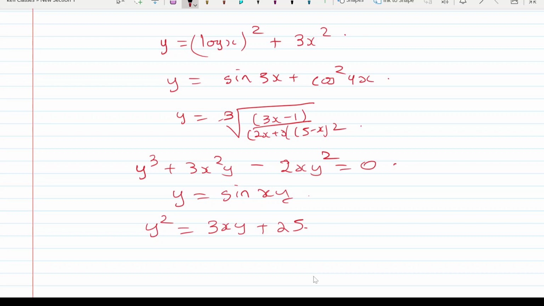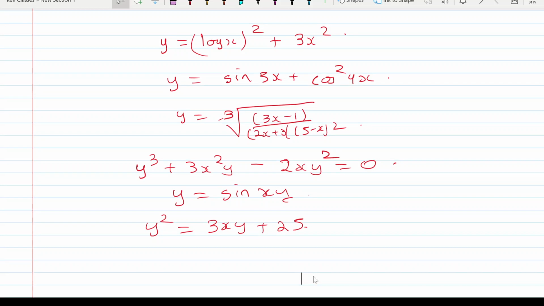If y is equal to sin 5x, I can understand, there is some x and y is according to that. But here you are saying y is equal to sin xy. It's like a mirror. A mirror is kept here, a mirror is kept there, and you stand in between. So your image is there, its image is here, your image is there, it all becomes a mess. Right? So that's basically what implicit functions are.